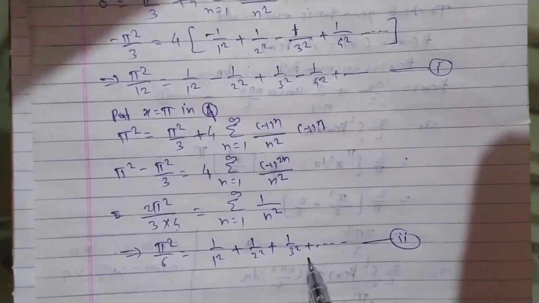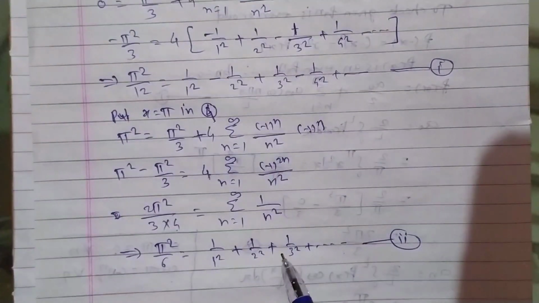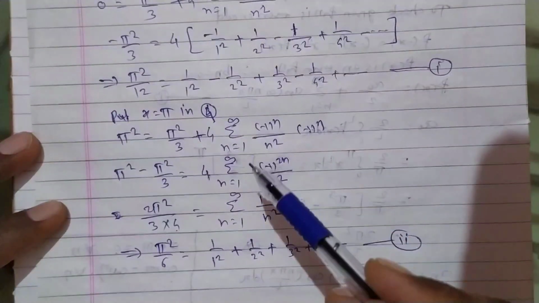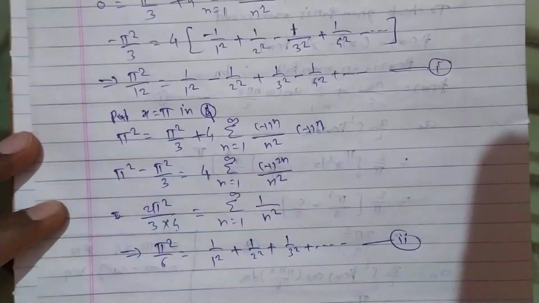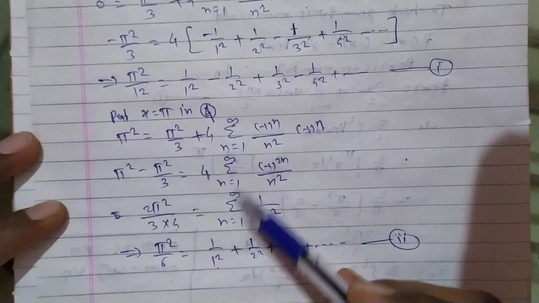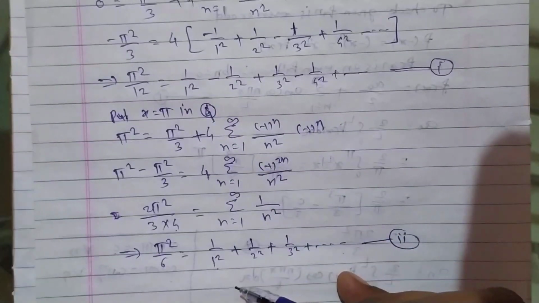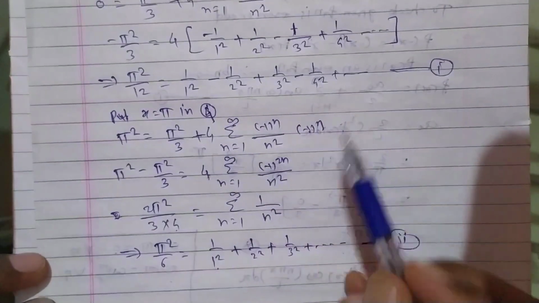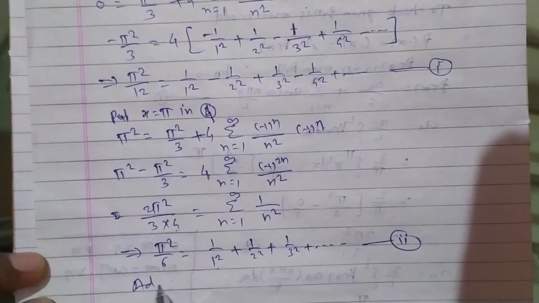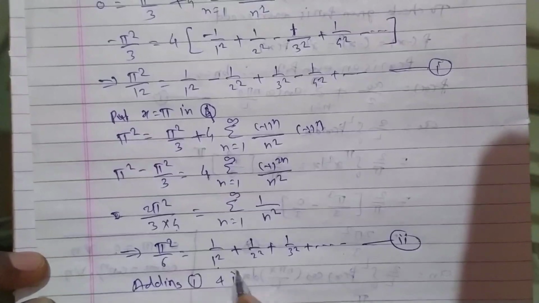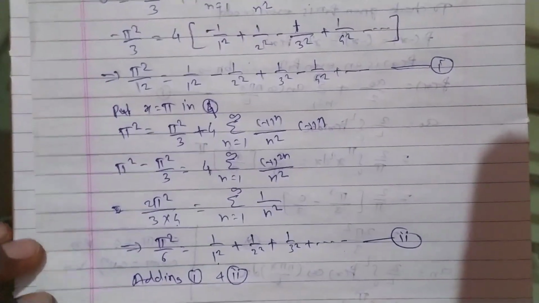And the third condition is one where 1 upon 1 square is there, 1 upon 3 square is there, but the even terms are missing. So if you take the addition of the first and second, then we get the third condition.